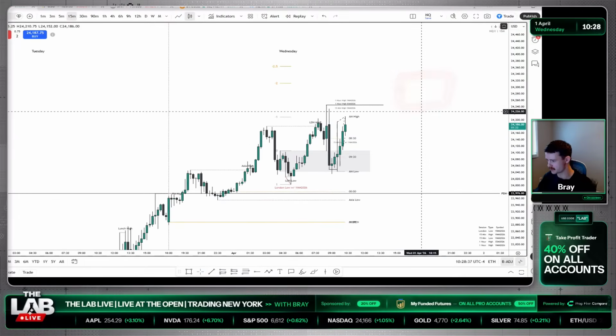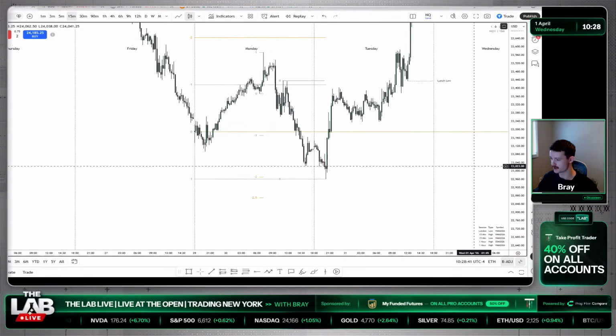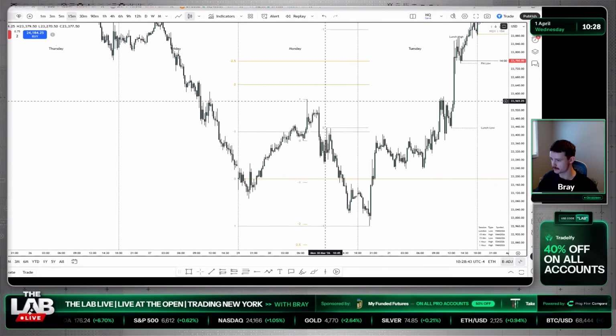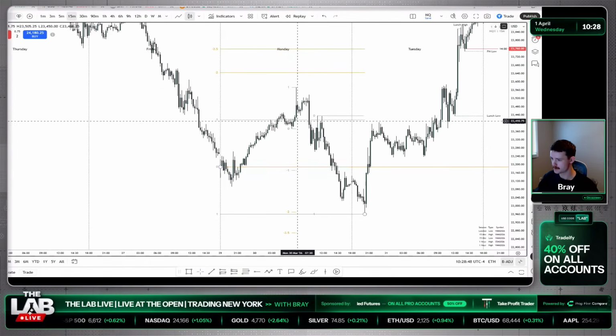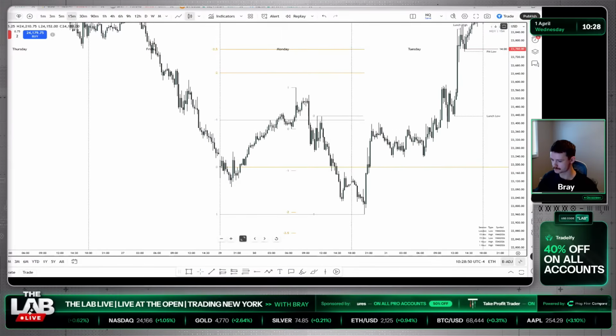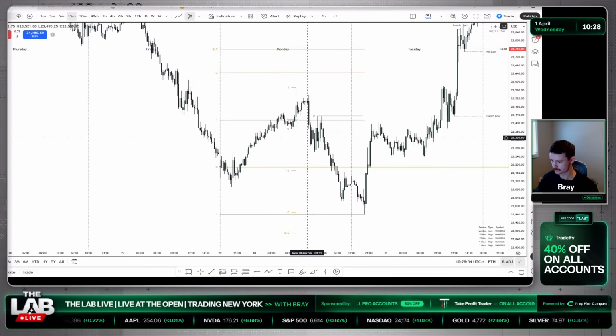So, a perfect example, using standard deviations to validate when a low is put in, right? Look at this breaker from Monday AM. Swing high to swing low. That's your breaker, right?